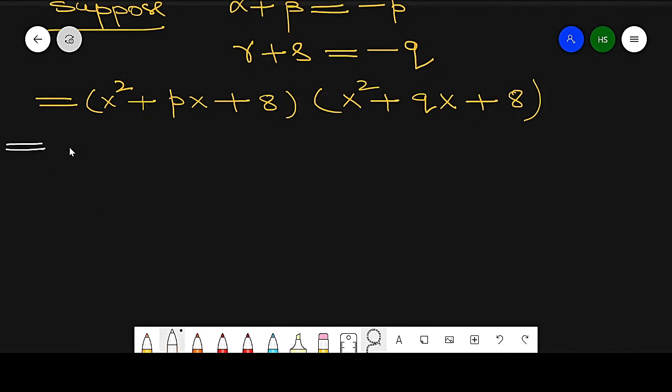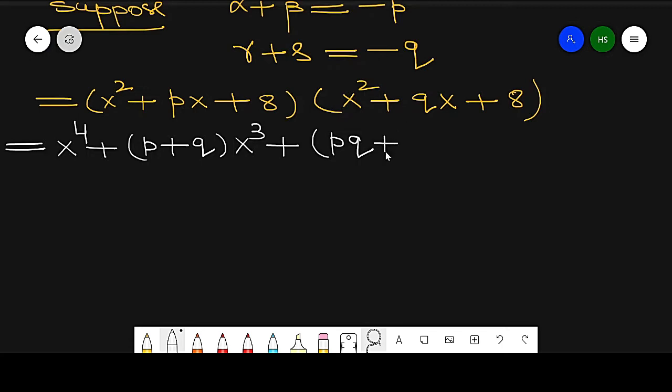Now simplify. x raised to power 4, then the cubic term, which is p plus q times x raised to power 3. If I multiply this with this and this with this, we get the expansion. Now x square: this is pq, then 8 plus 8, 16, into x square, so 16 plus pq.